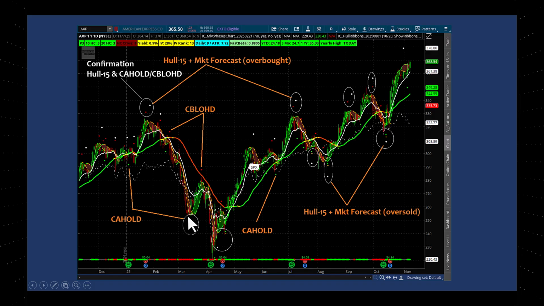Here's a CAHOLD over here. CAHOLD married with a white dot, which generally in my mind signifies either a resistance area or a support area, and often, because there's a CAHOLD involved or a close below the high day, you're going to see either a potential bounce up or you're going to see something falling back.